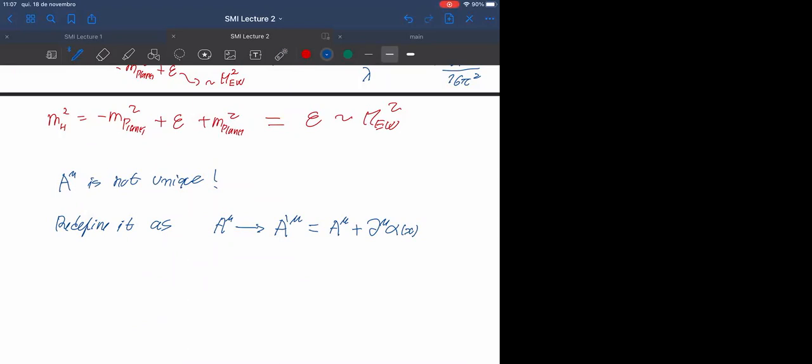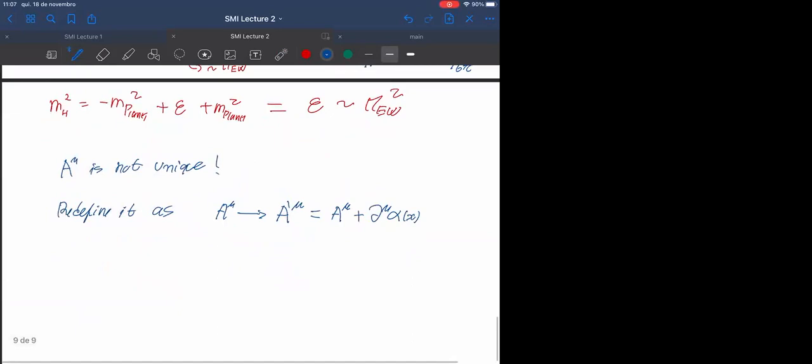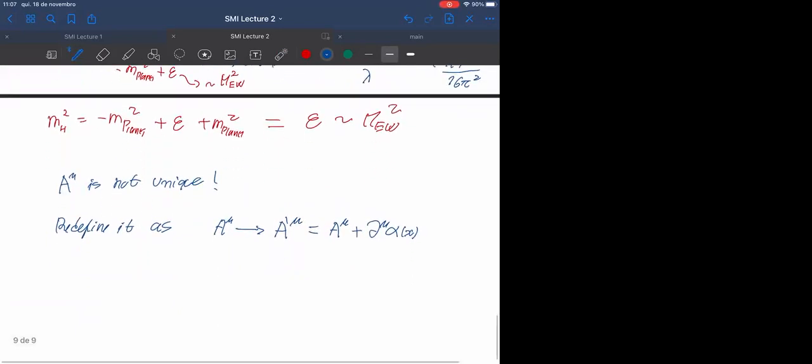And now it's very simple. We have F mu nu, which is equal to d mu A nu minus d nu A mu, and we can simply apply this here.